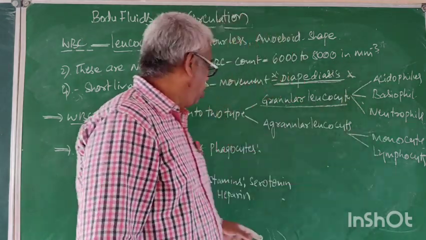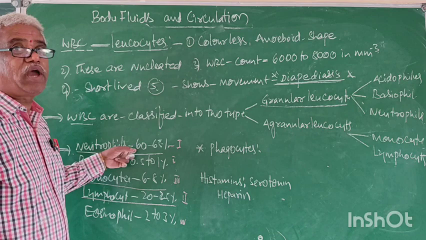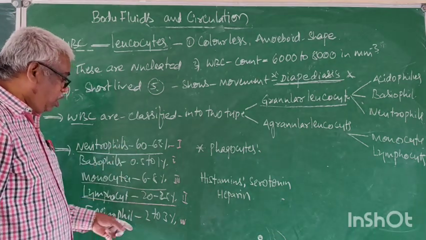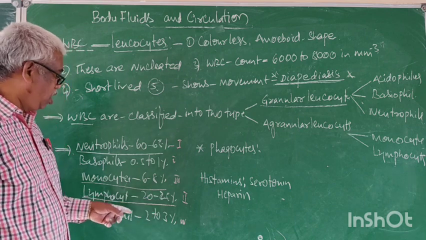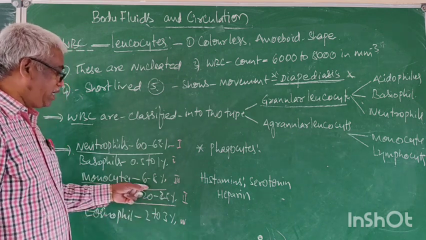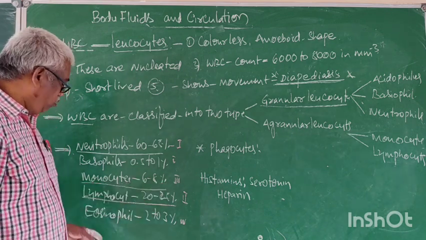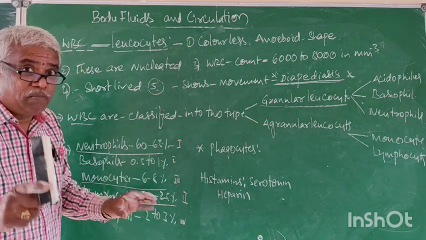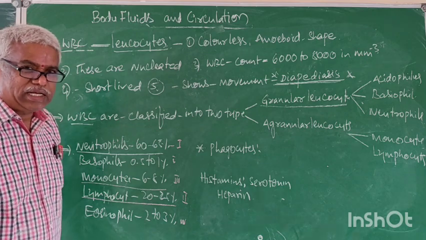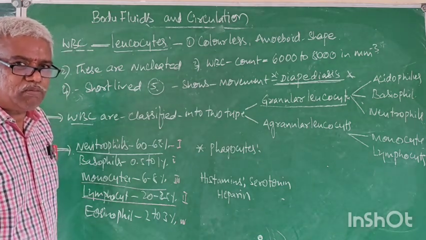Neutrophil. The neutrophil is 60 to 65%. Now come to the second one. Lymphocytes 20 to 25%. Now third one. Monocytes 6 to 8%. Fourth one, eosinophil. Just keep in your mind the minimum number is basophil.